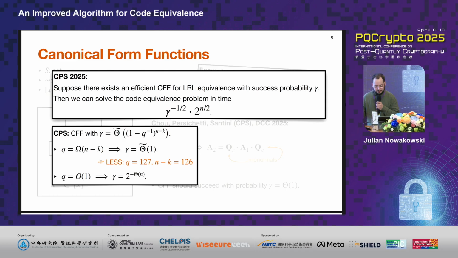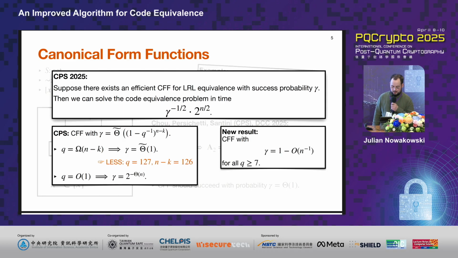And what I showed in the new paper is a new canonical form function, and it has a much higher success probability. In fact, its success probability is now basically 1, or more precisely, it's 1 minus some O of 1 over n, and this works for all q greater than 7.